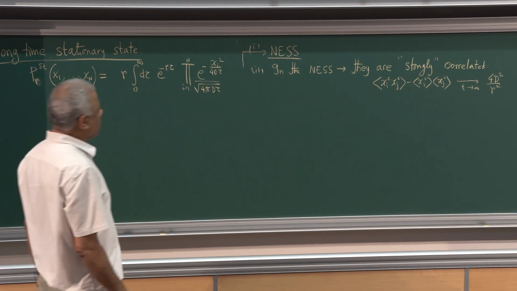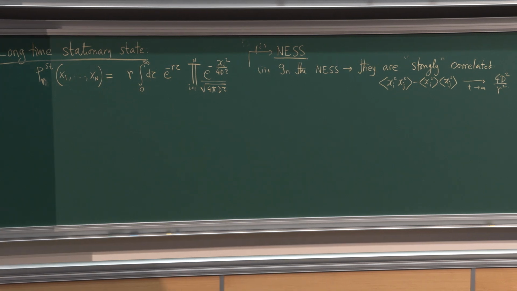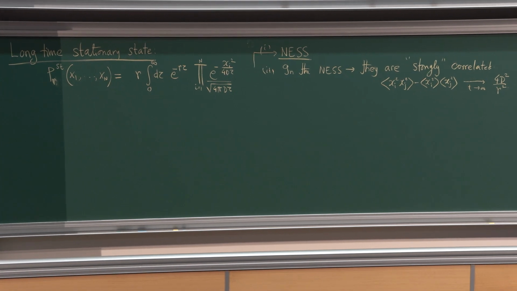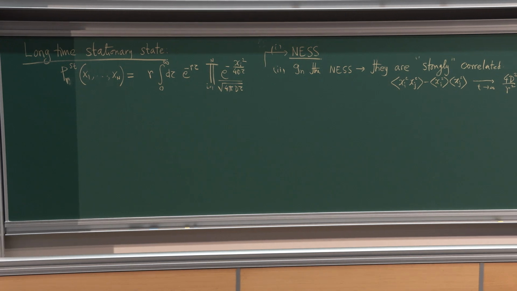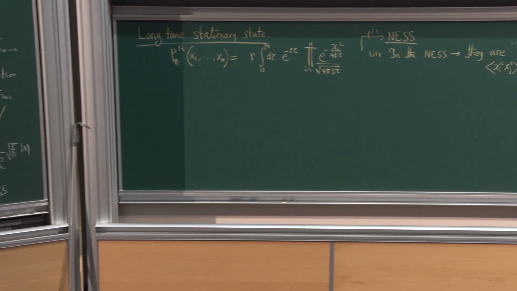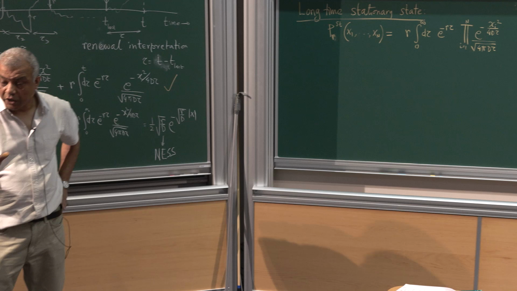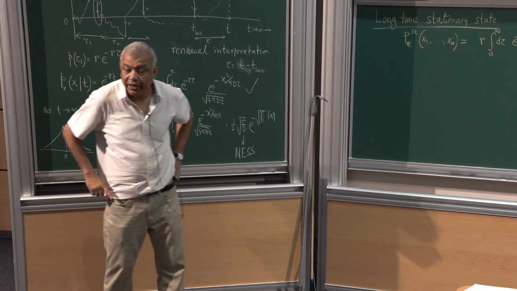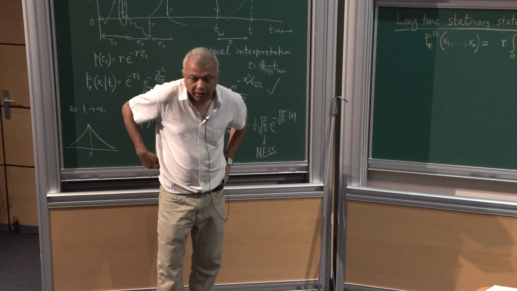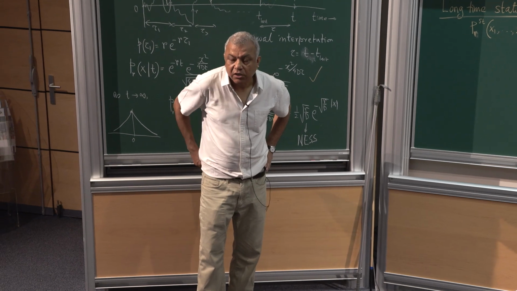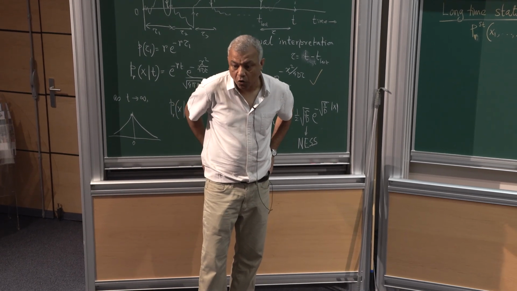But why is it interesting to say that everybody's correlated with everybody in the same way? Because this is a strongly correlated system. To calculate any observable in all these long range systems is very hard because of the strong correlations.